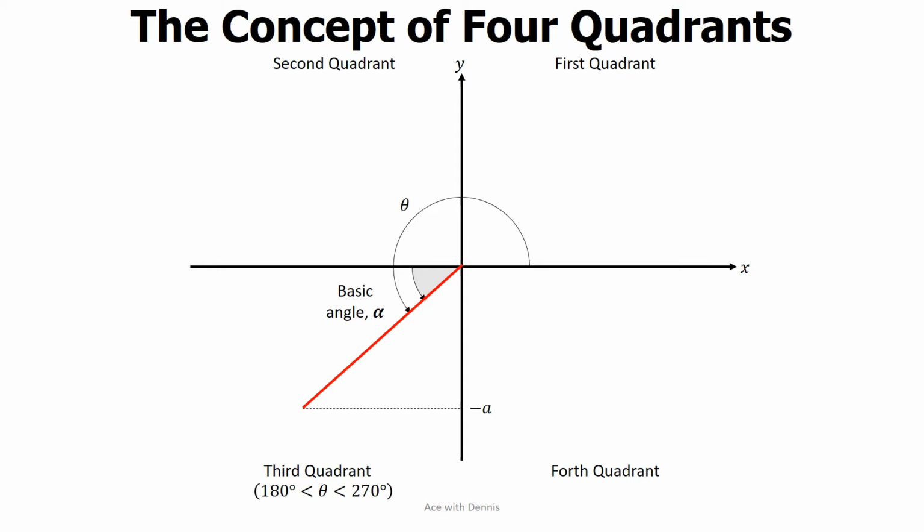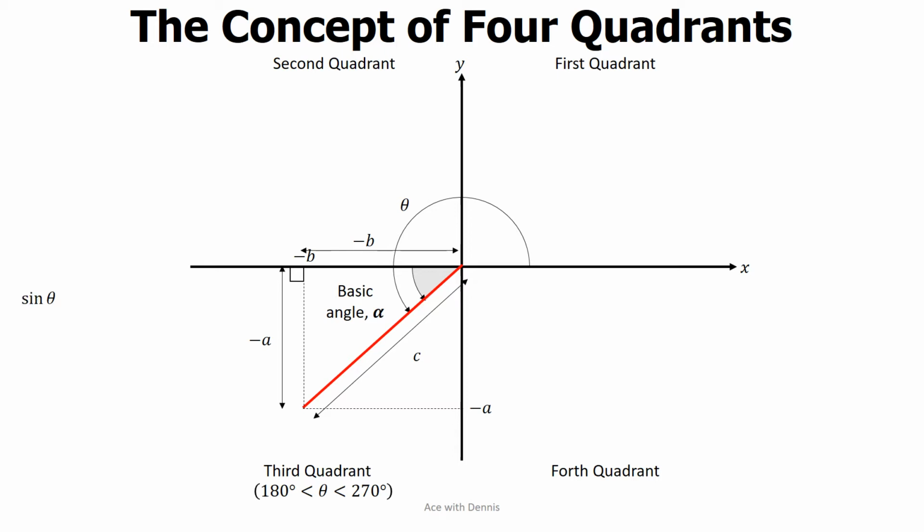We can take this as negative A. As I said just now, in the third quadrant, all the y values and the x values are negative. So this is negative B, and this side will be negative A, and this length will be negative B. And the hypotenuse is always positive, so this is C.